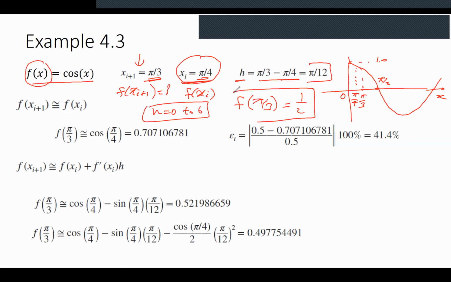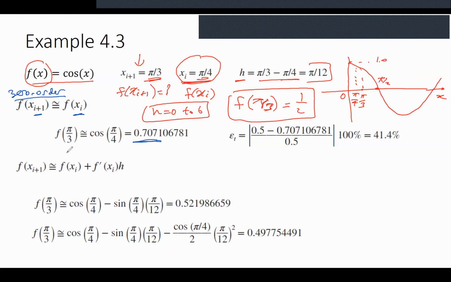So this is the true value, and we would like to approximate it. We can take the zeroth order approximation. It says that the value of the function at the next step is approximately equal to the value of the function at the current value.